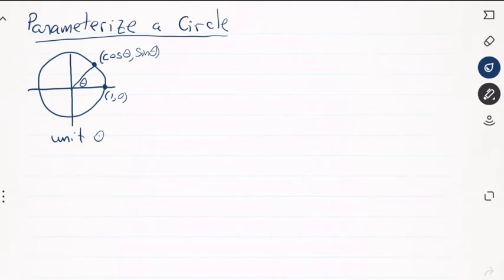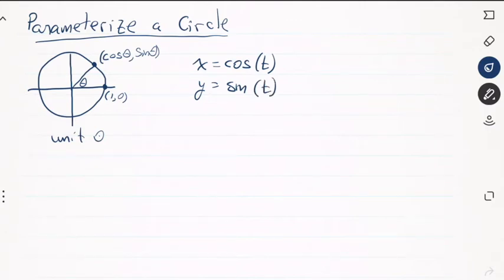So we've already actually parameterized a circle by the definition of trigonometry. So we can set up that x is equal to cosine of theta, y is equal to, not theta, cosine. So x is equal to cosine of our parameter t, and then y is equal to sine of our parameter t.